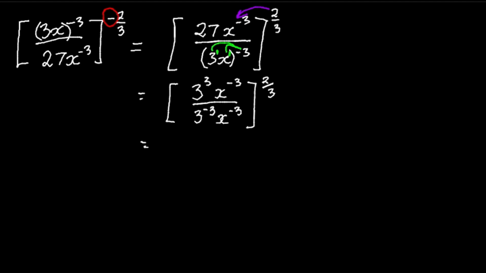And then on our next step, we are going to take the denominator and make it our numerator. So our x to the power of negative 3 is going to cancel each other, and then we are going to be having 3 to the power of 3, which is this one, and then multiplied by 3 to the power of negative 3.